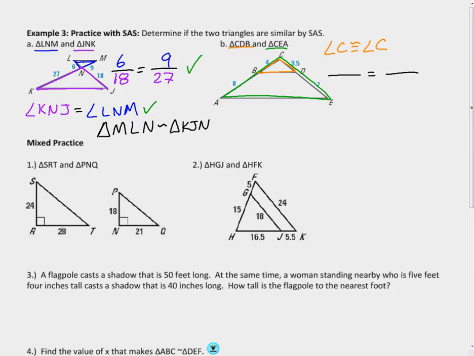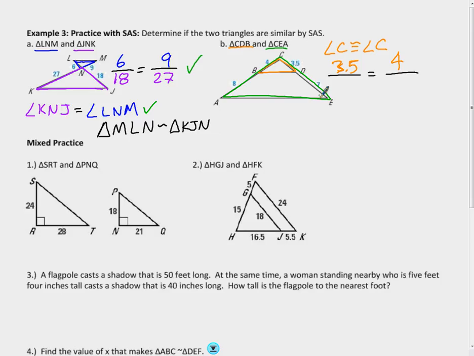Be careful, on the green triangle, 3.5 is going to match up with the length of CE. 10.5. Because 3.5, which is this distance, plus 7 adds up to 10.5. Little plus little equals big. So this is going to be 7.